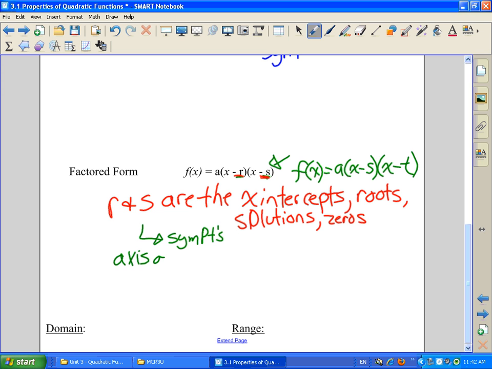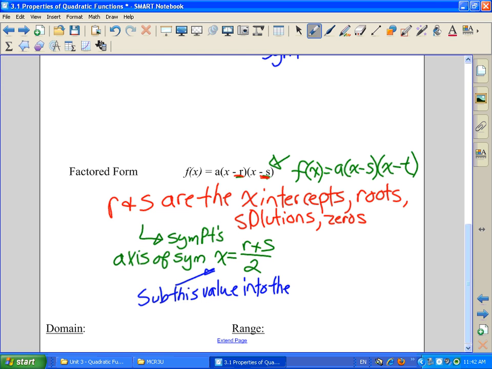So for the axis of symmetry, we use the equation x equals, and what you're going to do is take those two values, r and s, add them up and divide by 2. Okay? And once we have that value, the axis of symmetry, we can sub this value into the function and solve for the y part of the vertex.